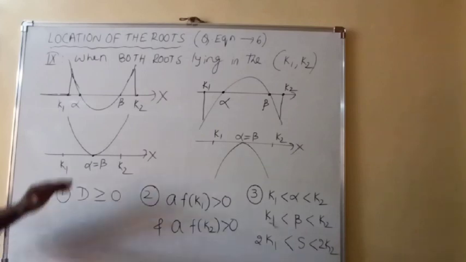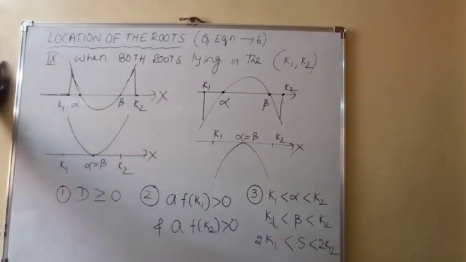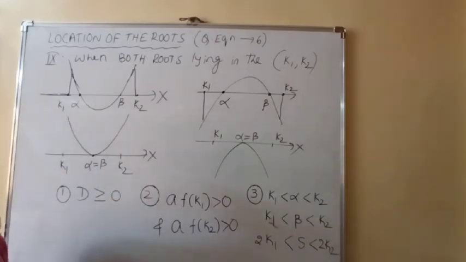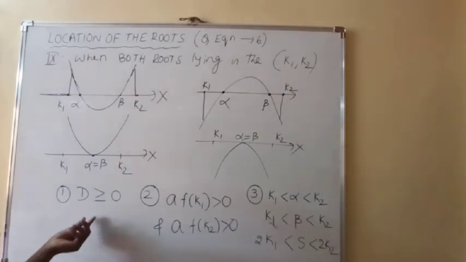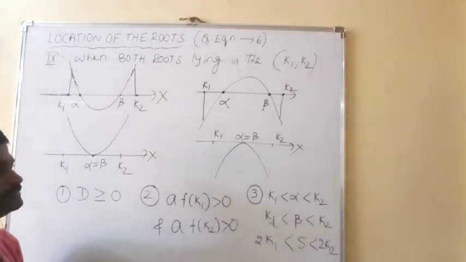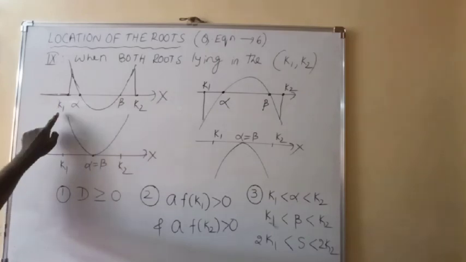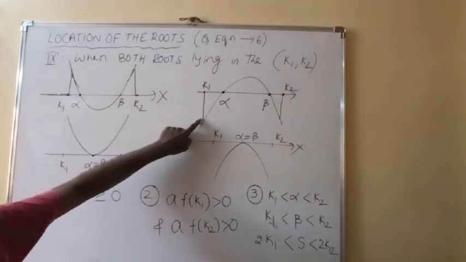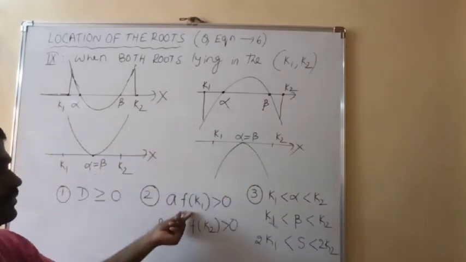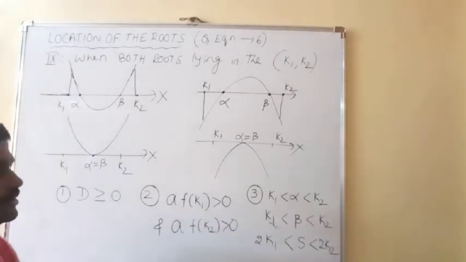So from all these four graphs, what we can conclude? Discriminant greater than or equal to 0 because the roots may be distinct or equal, so real and equal or distinct. And when a positive, f of k1 positive, when a negative, f of k1 negative, so a into f of k1 product is positive.